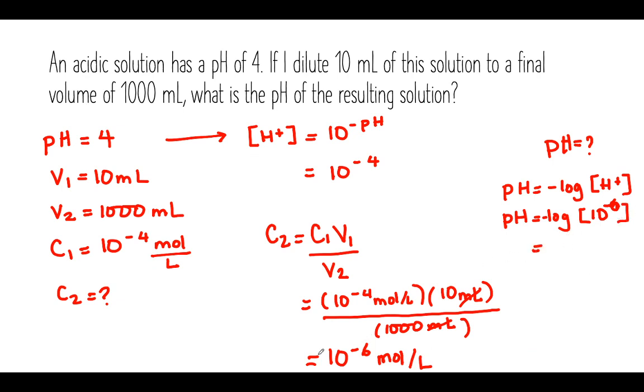And the answer here, let's take a look. All of the numbers in this question have one significant digit, right? So if I have one significant digit going into this formula, the answer should have one decimal place. So in this case, my answer is 6. And because it needs to have one decimal place, the answer is 6.0.